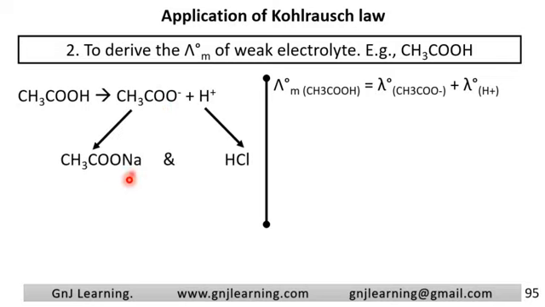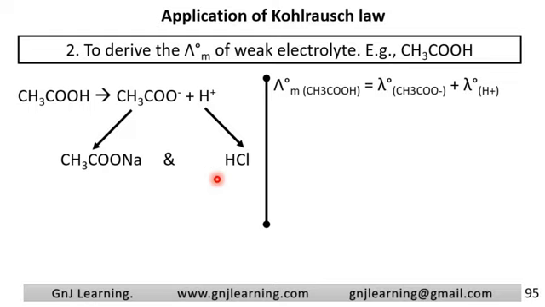He selected one electrolyte, that is CH3COONa, where CH3COO is common to acetic acid. So this is a strong electrolyte. So he selected a strong electrolyte in which the anion is common to acetic acid, and he selected another strong electrolyte in which the cation is common, that is HCl.